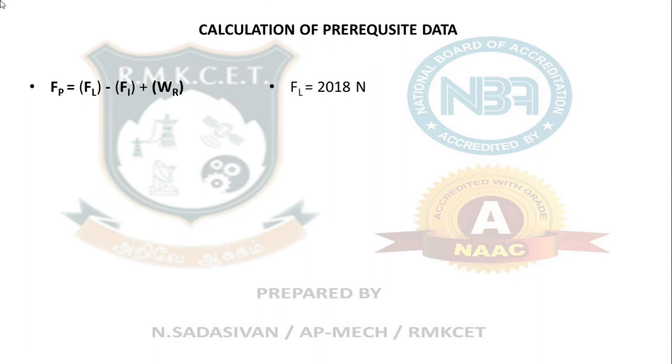So I know that load on the piston is 2018 Newton, inertia force is minus 14,172, and WR is mass of the reciprocating parts into gravity, 225 into 9.81, 2207.25 Newton. The unit is missing there, please write the unit. Okay, so Newton.